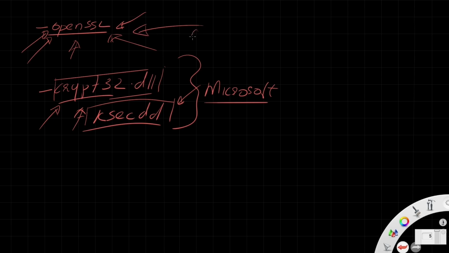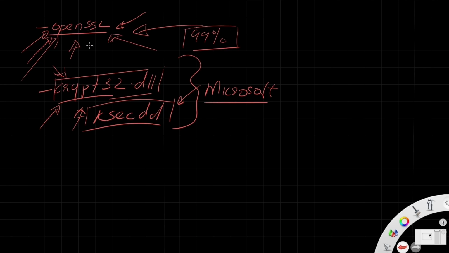Probably 99.99% of the whole traffic on the internet is using OpenSSL in my knowledge. So one being OpenSSL, the other being Microsoft crypt32, implements almost all the cryptographic algorithms and functions, hashing, encryption, PKI, all the things we have discussed so far.